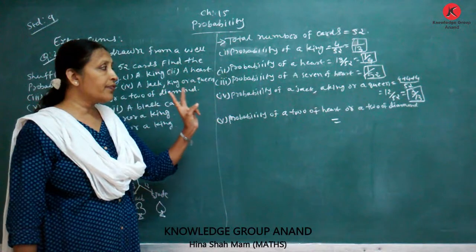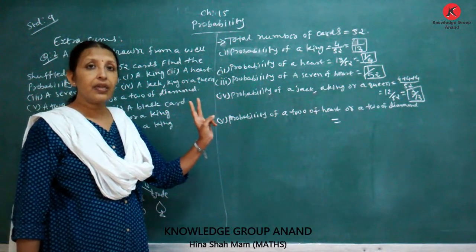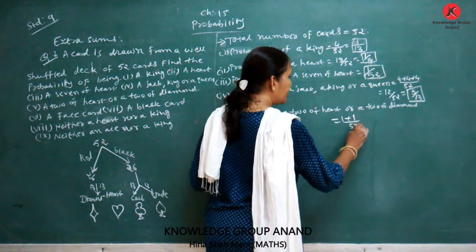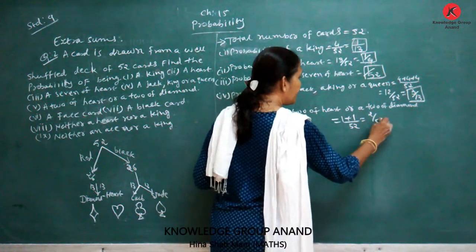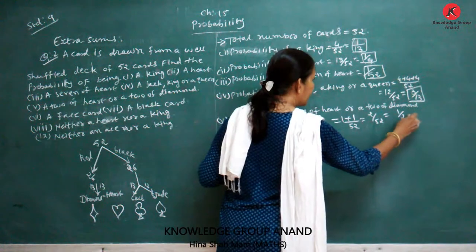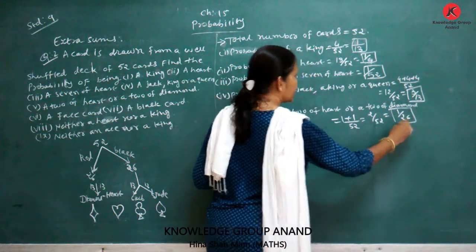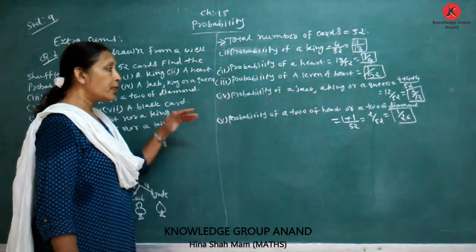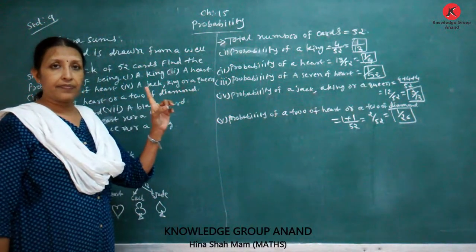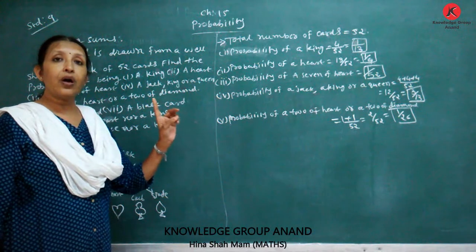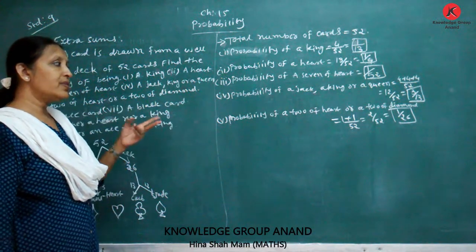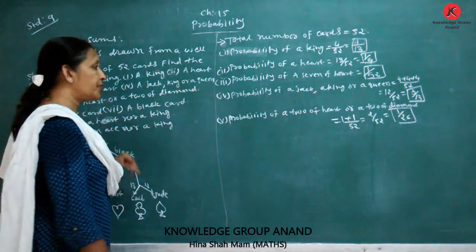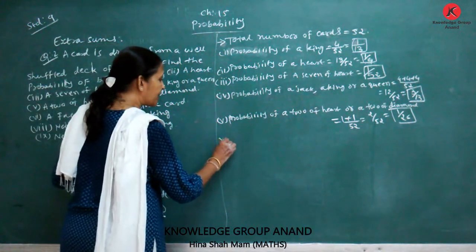And how many 2 of diamond? 1. Therefore 1 plus 1 upon 52, 2 by 52, 1 by 26. 2 of heart is 1 and 2 of diamond is 1. 1 plus 1, 2. Total 2 upon 52 is equal to 1 by 26.